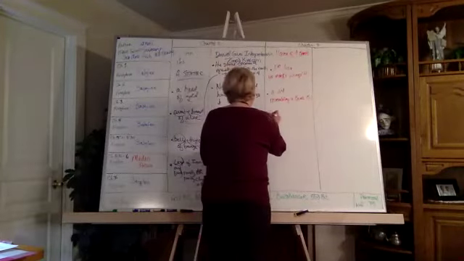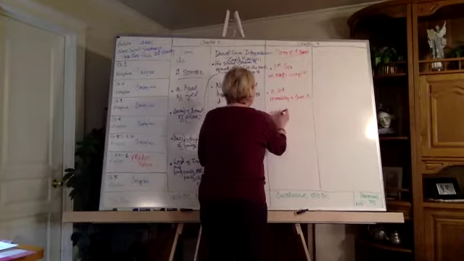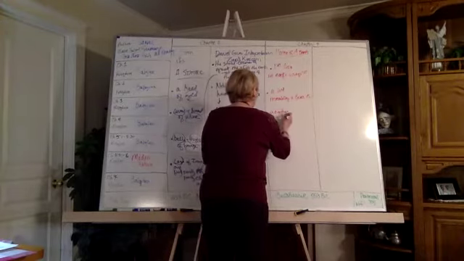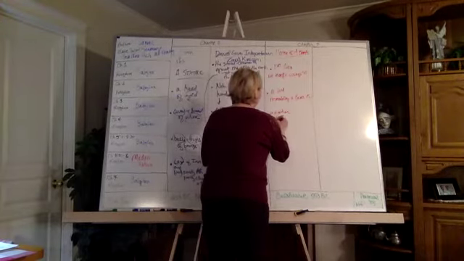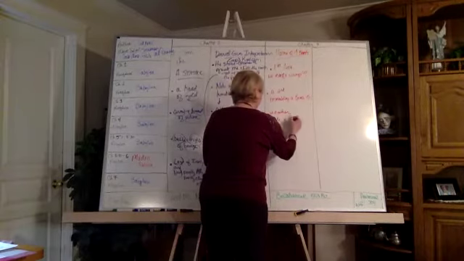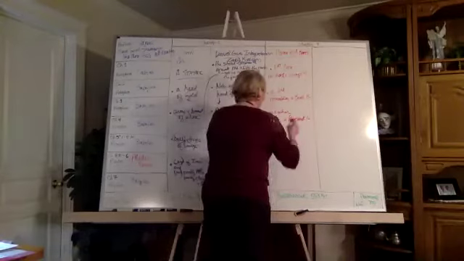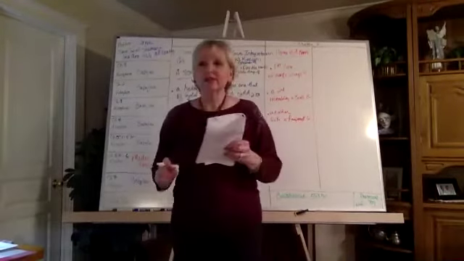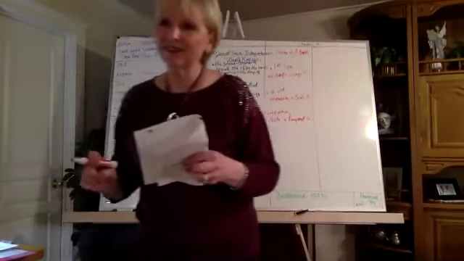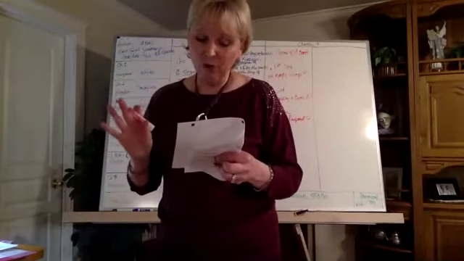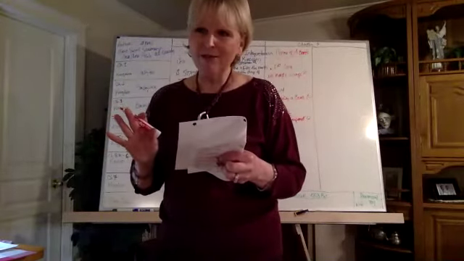Now the third one, it says now another, right? And how is it described? Like a leopard. This one's interesting. How many wings does it have? 4. 4 wings of a bird. Why 4?